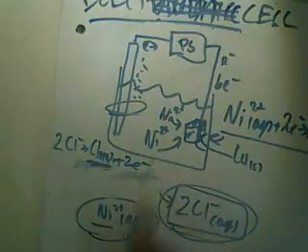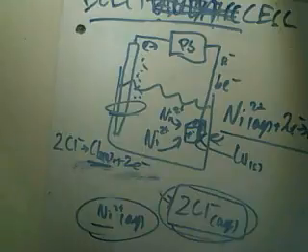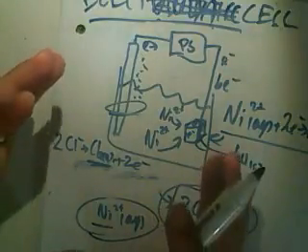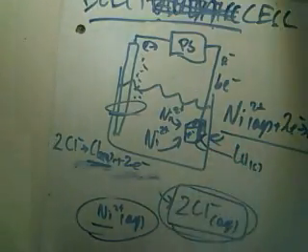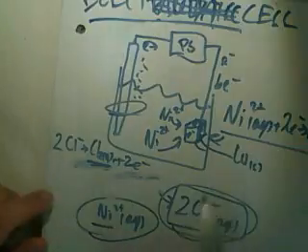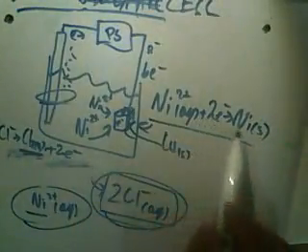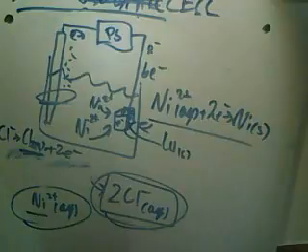Now the difference with this kind of reaction is you don't have it in half cells. You actually have it in just one cell, the whole thing. You still have an anode and a cathode, and OIL RIG and RED CAT still apply. So oxidation at the anode, reduction at the cathode. Here we've got nickel receiving electrons and becoming nickel solid.